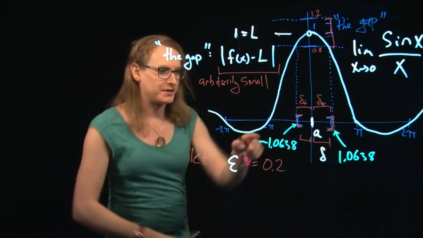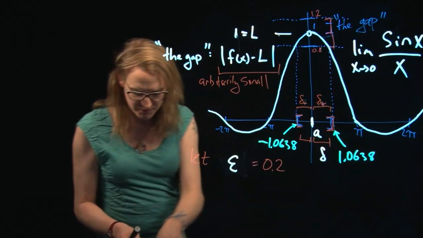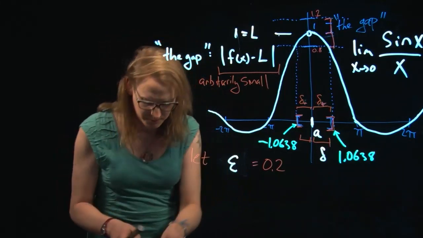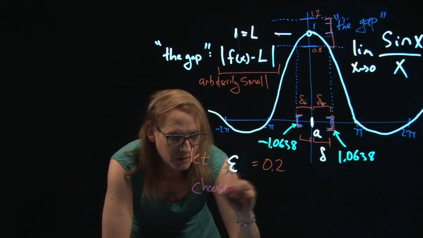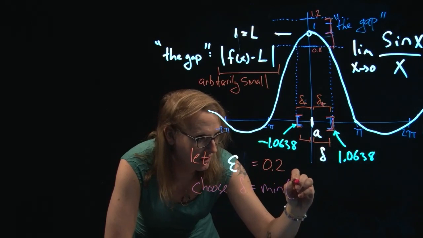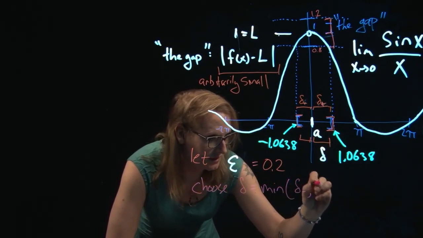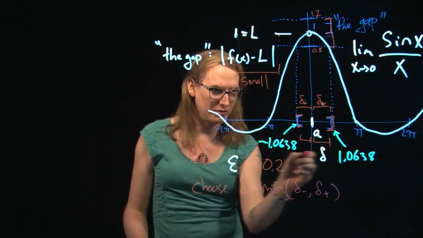So I'm going to take delta to be the smaller of those two things. I'm going to choose delta to be the smaller of delta minus and delta plus. Those two numbers both happen to be 1.0638.